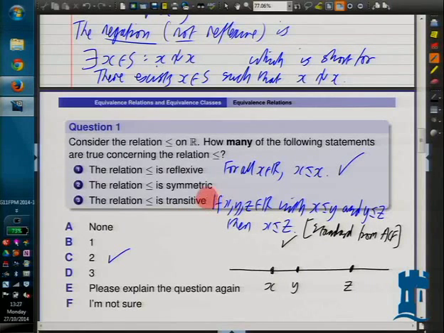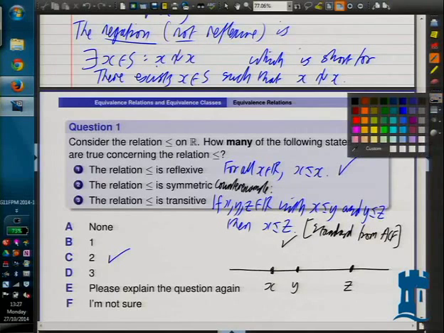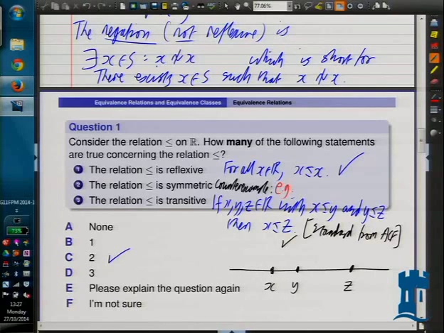And so I use my favourite example. We need a counterexample. For example, 1 is less than or equal to 2, but 2 is not less than or equal to 1.